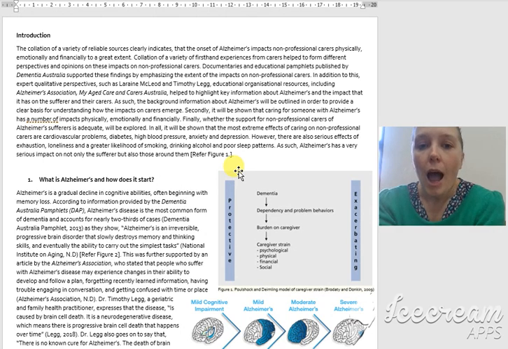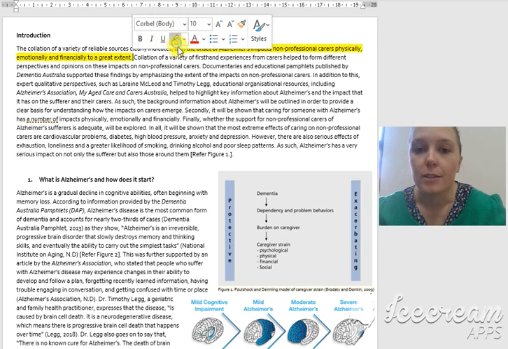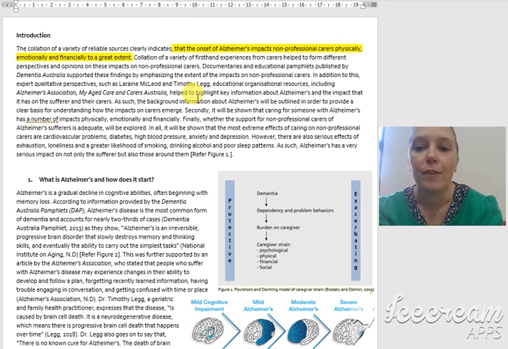From the very first sentence, I know what the answer to this student's work is. I can see here that the onset of Alzheimer's impacts the carers physically, emotionally, and financially to a great extent. I'm now expecting that the rest of the argument follows from that.